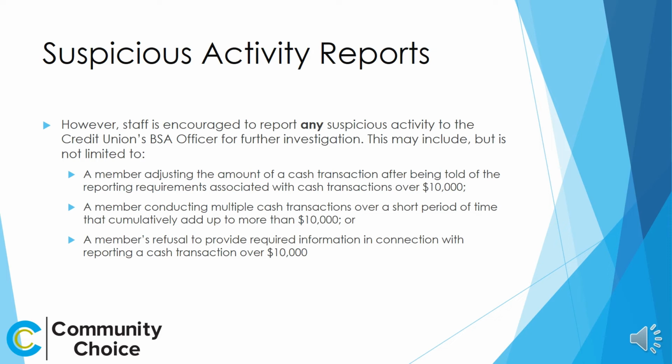Number 2, a member conducts multiple cash transactions over a short period of time that cumulatively add up to more than $10,000. And number 3, a member's refusal to provide required information in connection with reporting a cash transaction over $10,000.